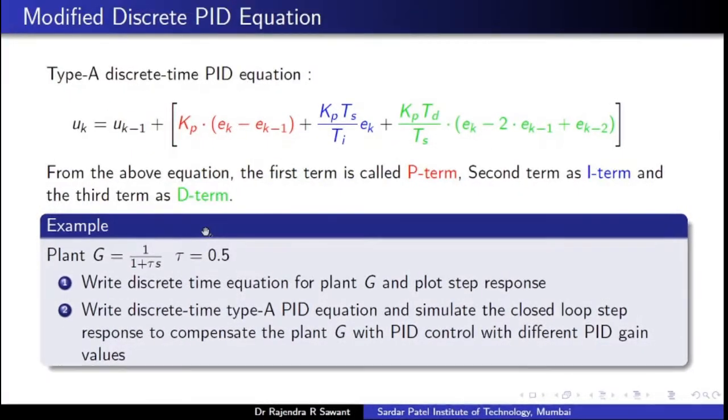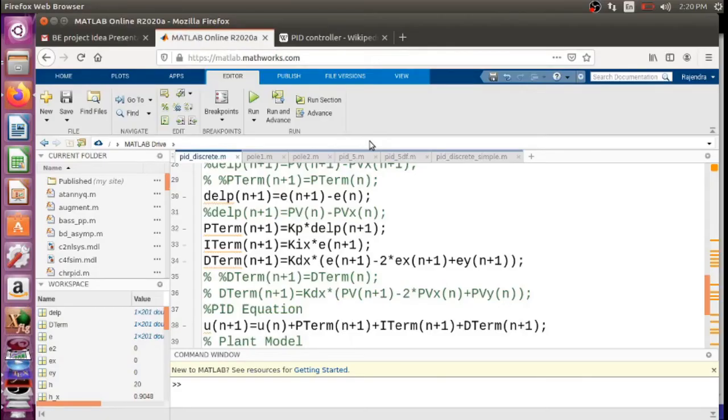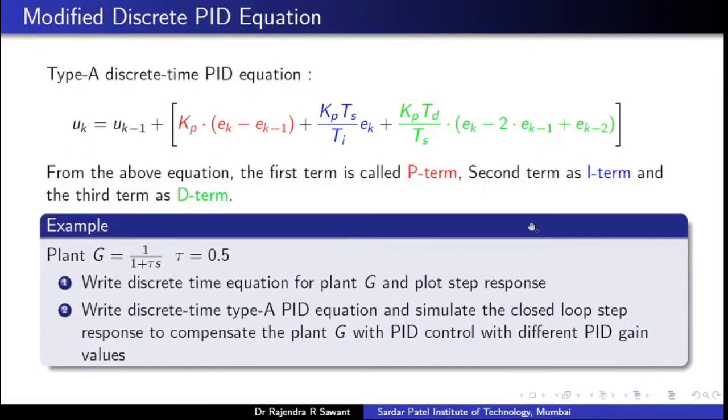This term, Kp Ts upon Ti, we call Kix, and Kix multiplied by the error in the present time step is the integral term. So the integral term equals Kix into En plus 1, and the third term is the differential term, where Kp, Td and Ts is essentially Kdx.